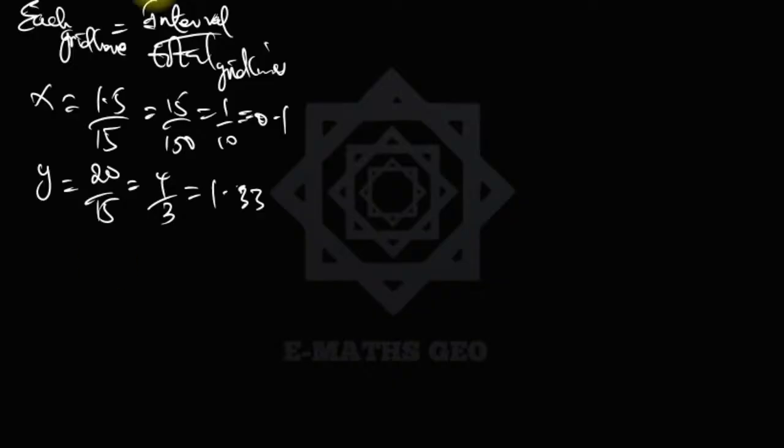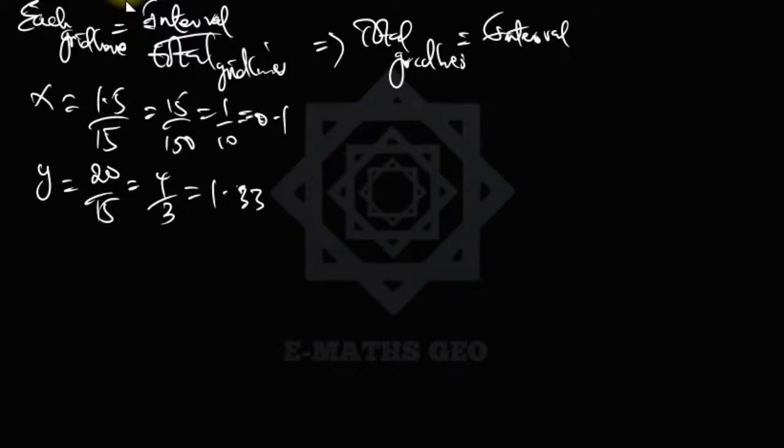So to locate a value, if I want the total grid lines that will give a particular value, we now do the interval over each grid line, making it the subject of the formula.